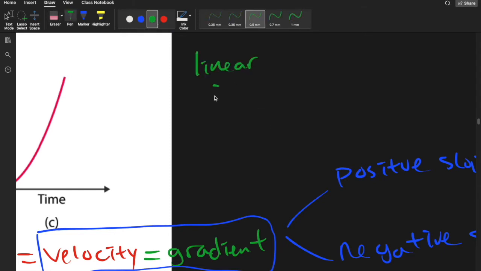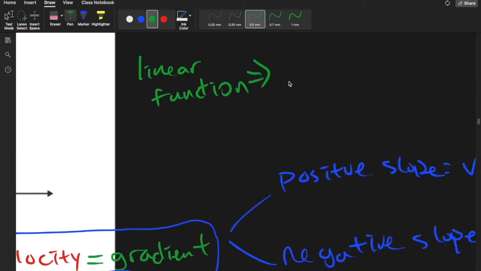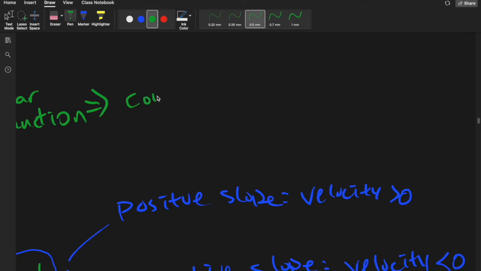A linear function has a constant slope, and a constant slope means a constant velocity.